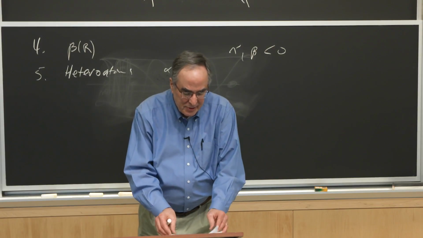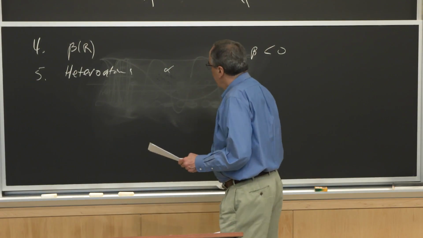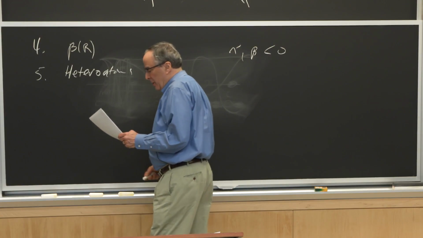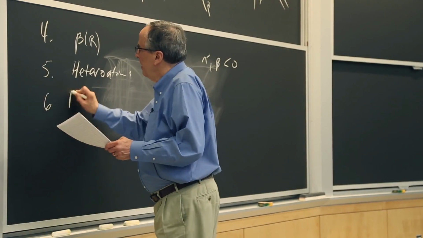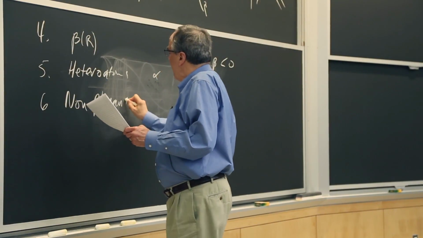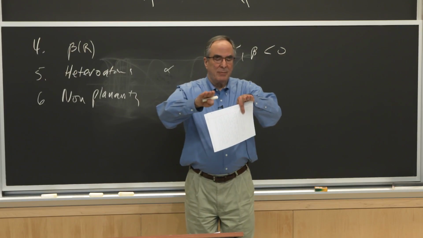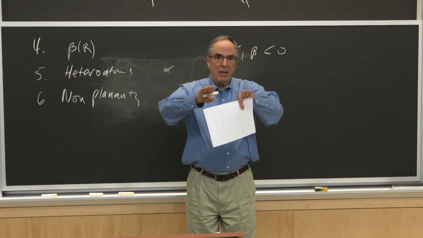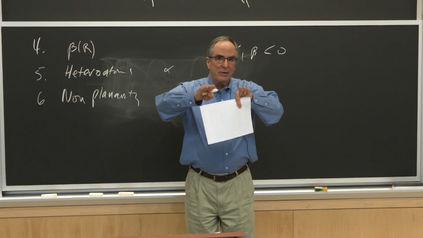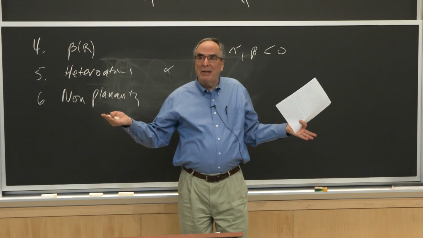All right, so let's continue with this. And so we can do heteroatoms. If we have a non-planar system, we can say that beta is a function of the dihedral angle. We can put that in. We can do anything we want.